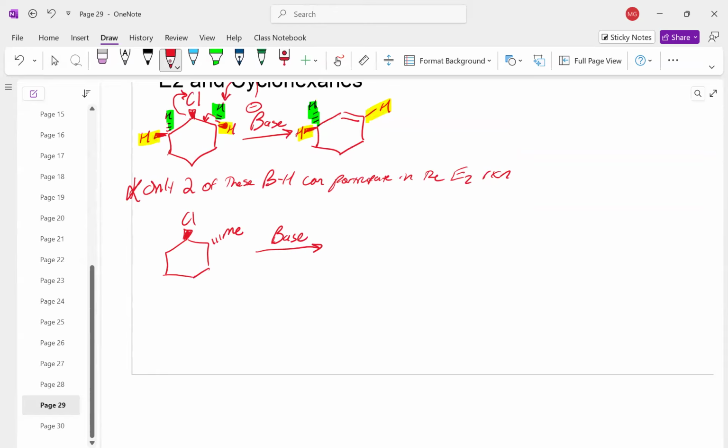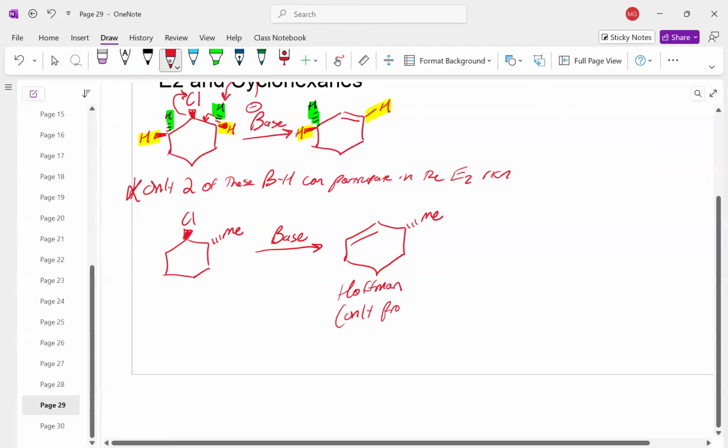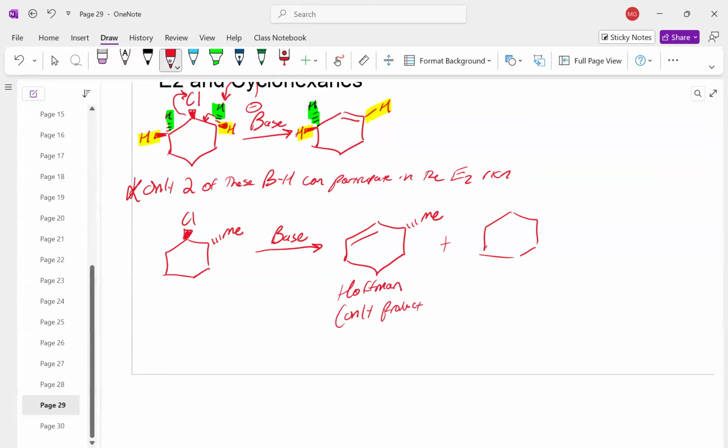Now I'm going to kind of put the cart before the horse and say that the major product, actually the only product that is obtained in this reaction, is this product. The Hofmann product, the less stable alkene, is the only product. I don't obtain the Zaitsev product.